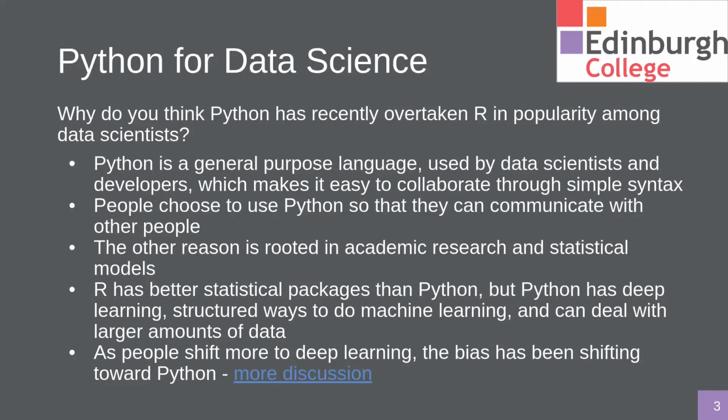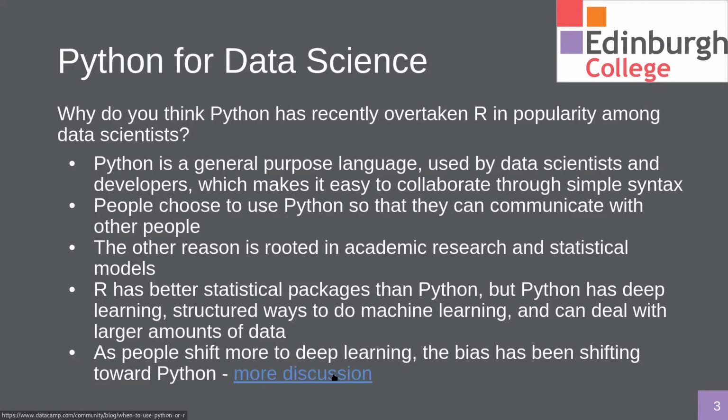But newer concepts like deep learning and machine learning are things that perhaps R isn't so suited to do. So the general purpose language of Python is more common to use.